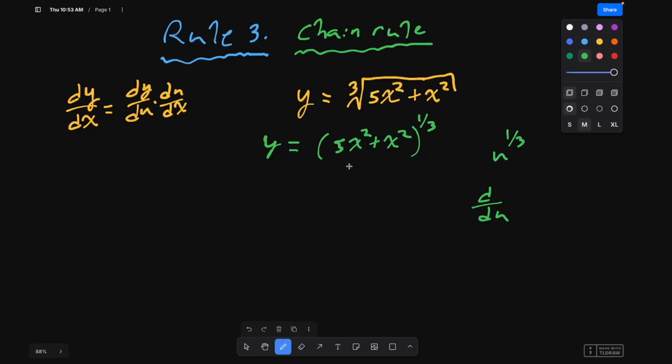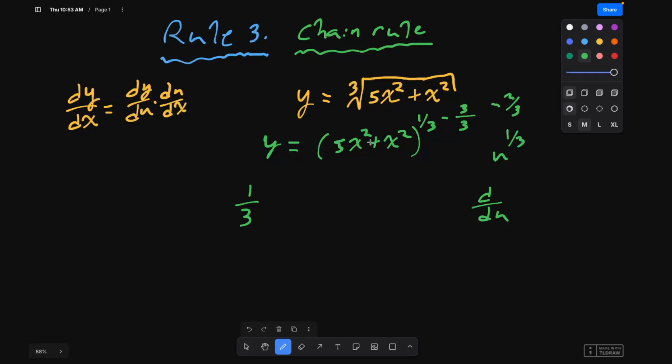So again, if we just imagine our inside bit as u, or just know that we don't touch the inside bit, we can take a power rule over it. The 1/3 is going to come down, and then we're going to subtract 1, in this case 3 over 3, so our exponent is going to be negative 2/3.